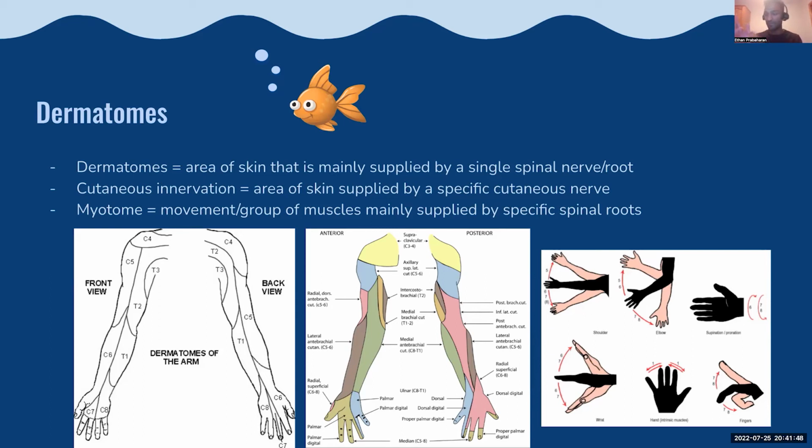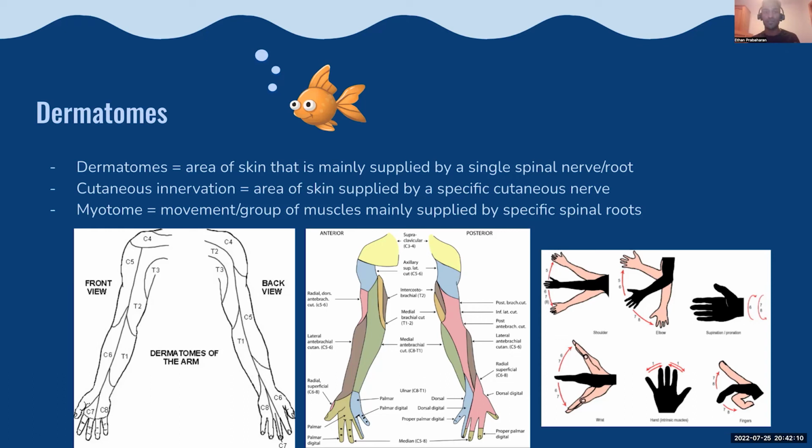So the skin around your thumb is mainly supplied by the spinal root C6. And if you had an injury around your C6 nerve root, your sensation around your thumb would be compromised. And I think it's useful to know, because when we do examinations of people's nervous systems, we check each dermatome to see if the sensation is normal.